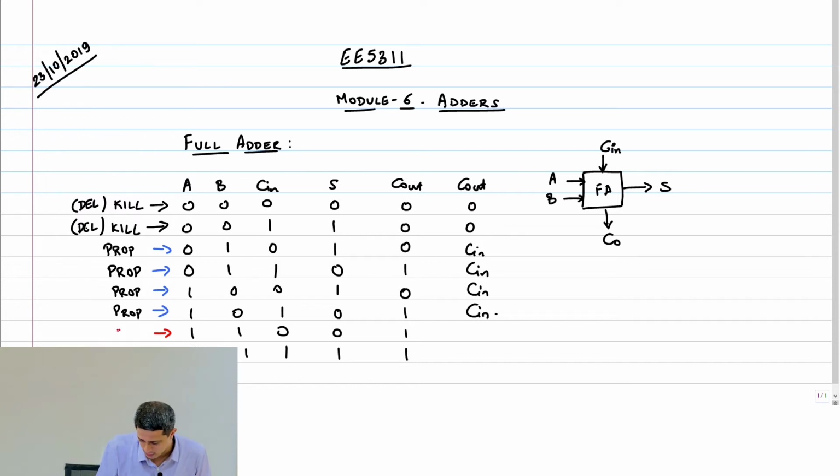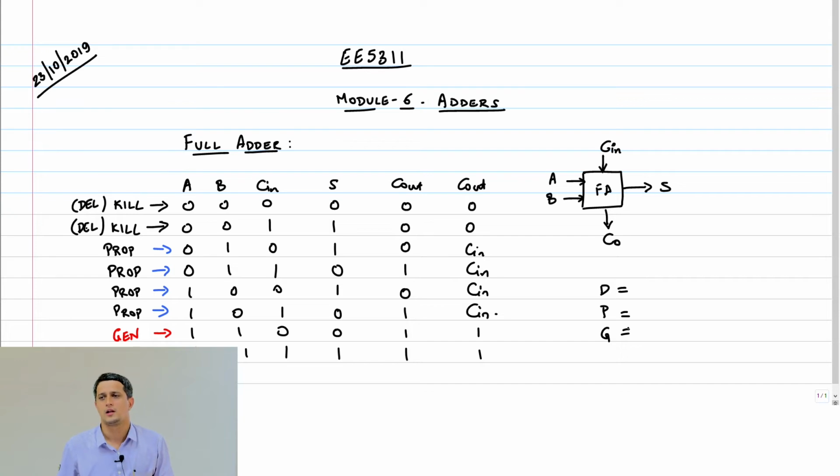So therefore this is called generate, right? This is basically 1, 1. So therefore I can now define some intermediate signals: delete, propagate and generate.